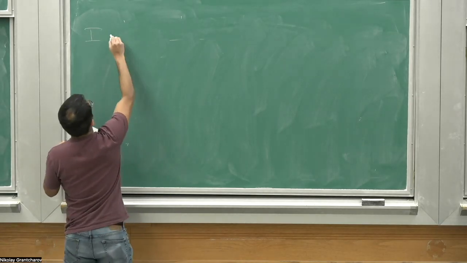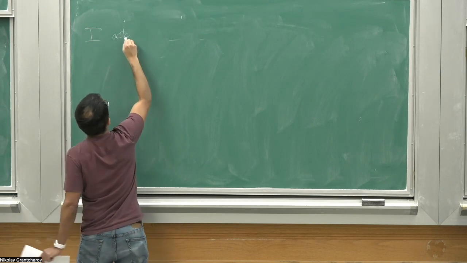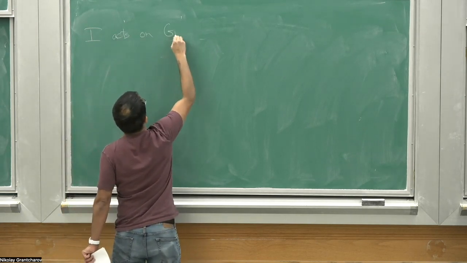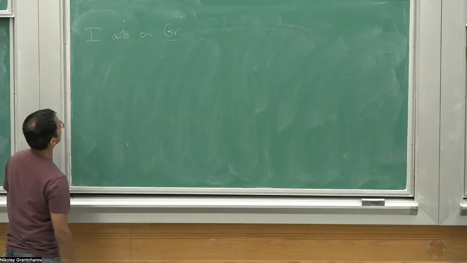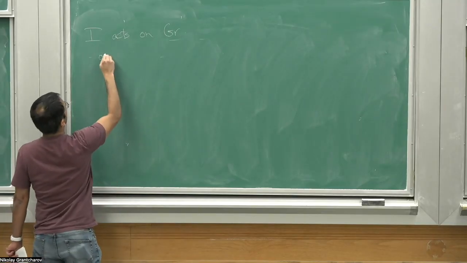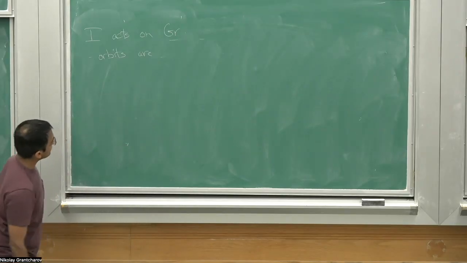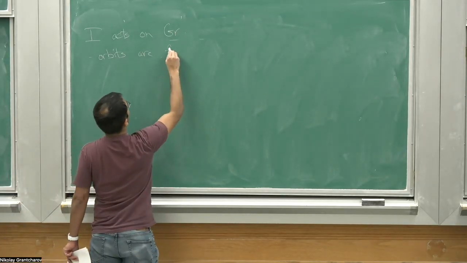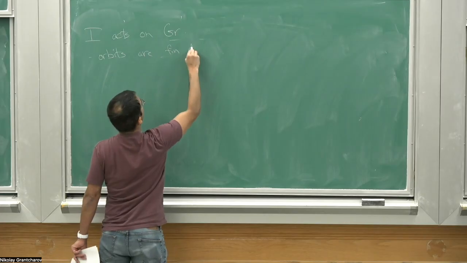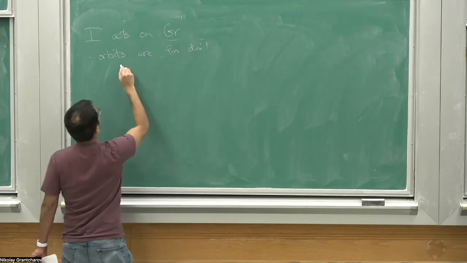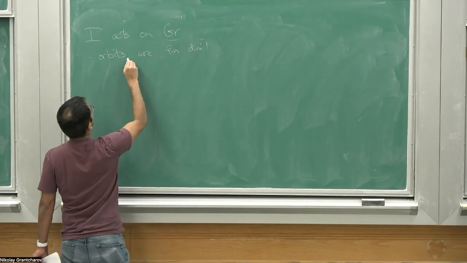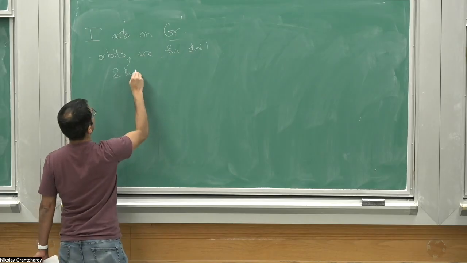So I acts on the affine Grassmannian, the orbits are finite dimensional and their closures are also finite dimensional.